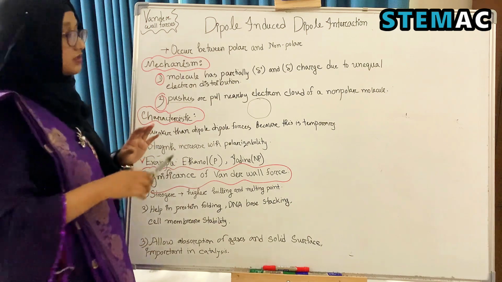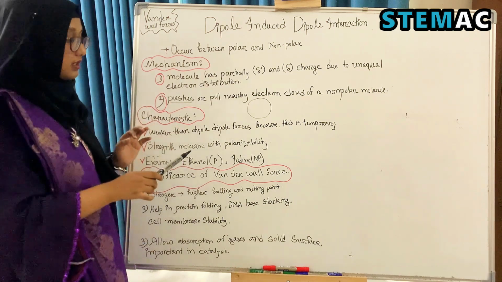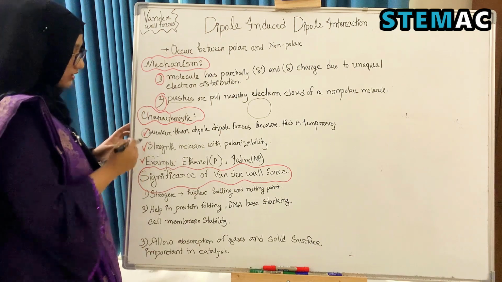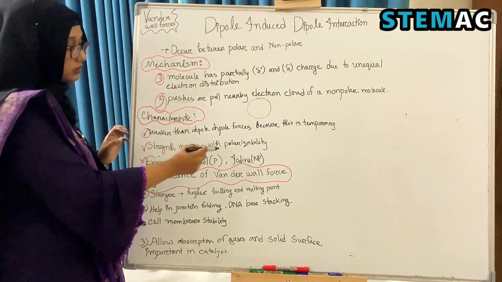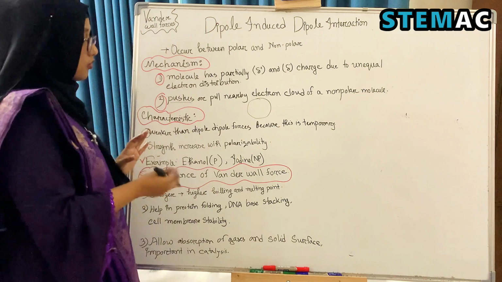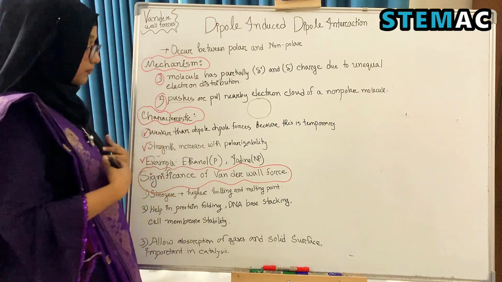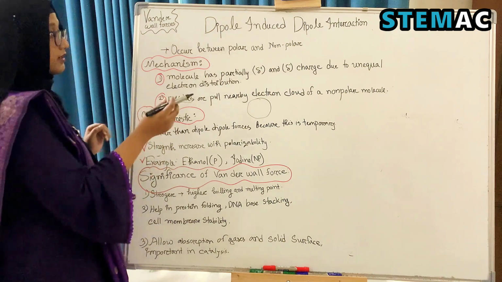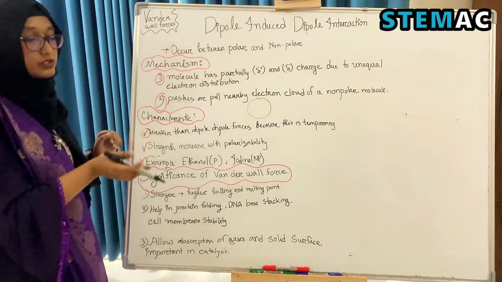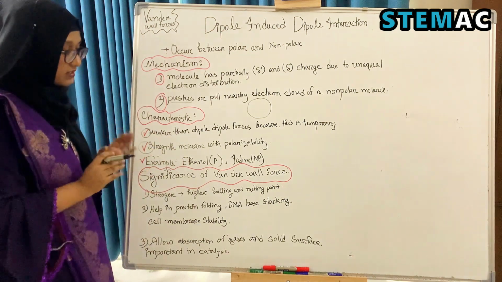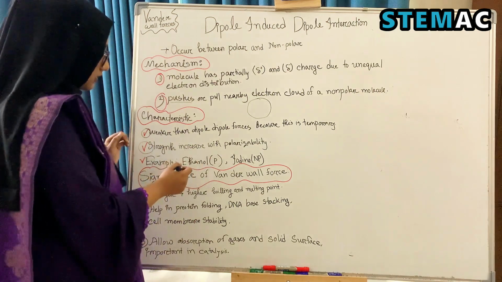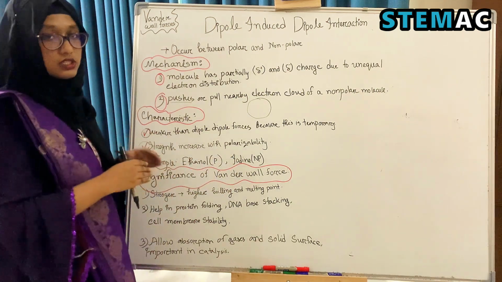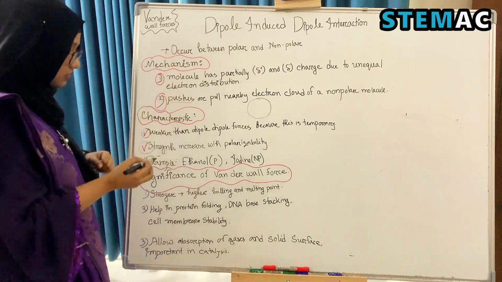At some point, those electrons gonna distribute equally. So this is the first point. And then the strength increases with polarizability. The more polarizability they have, the more the strength increases, and more dipole-induced dipole interaction happens. So for example, ethanol and iodine have an interaction between them because of this bond interaction.